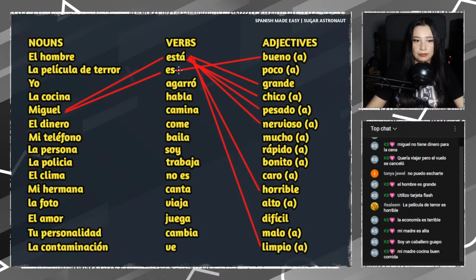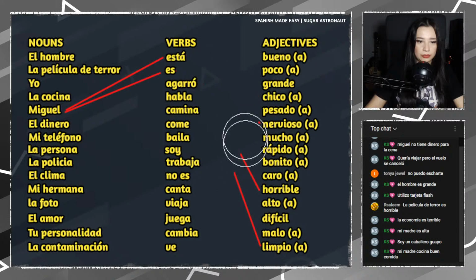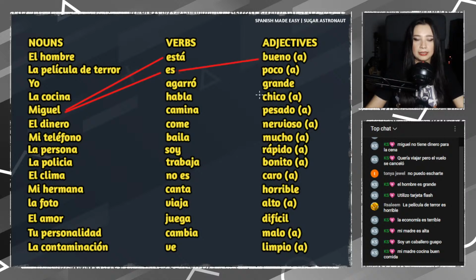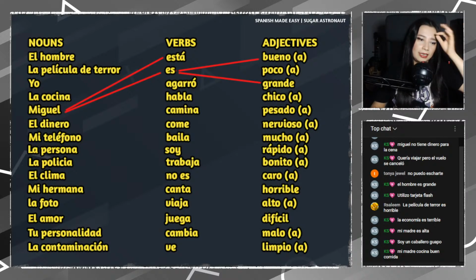Or you can say Miguel es bueno. Miguel is good. Or, you know what? Let me just erase that. Miguel es bueno. Miguel es... When you say Miguel es grande, grande can be some sort of a slang word, and it means he's a great person, like you really like Miguel because he did something really nice for you.